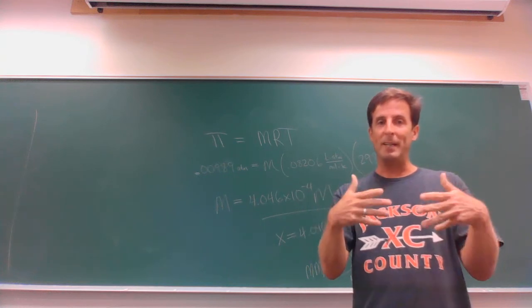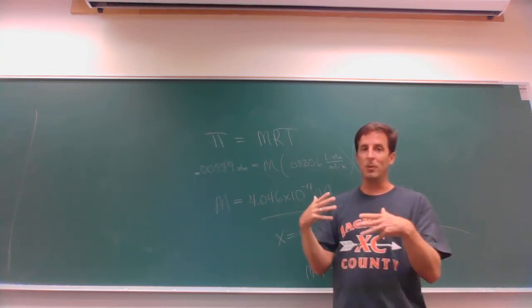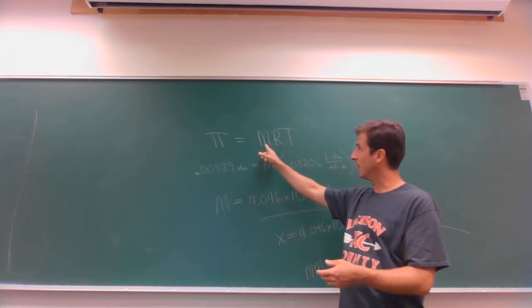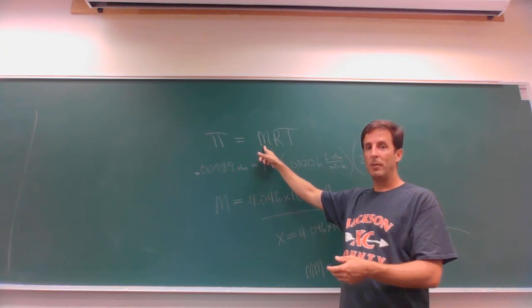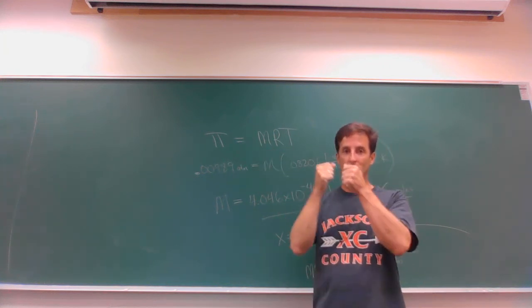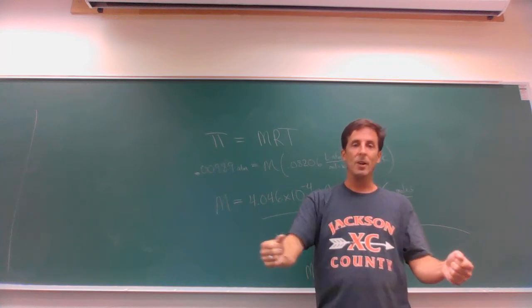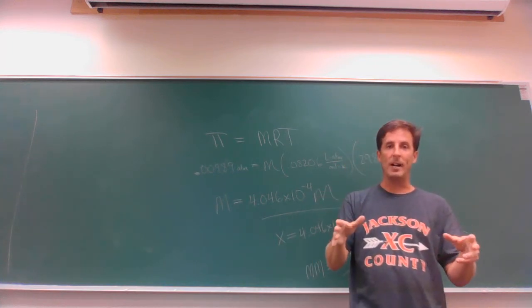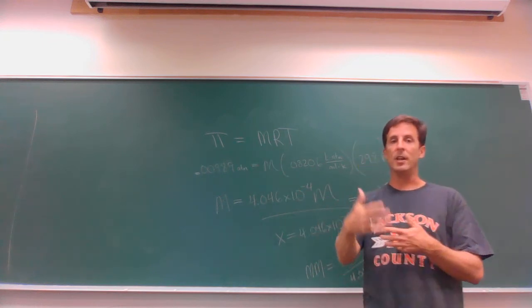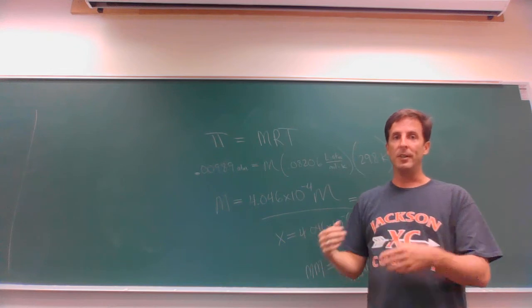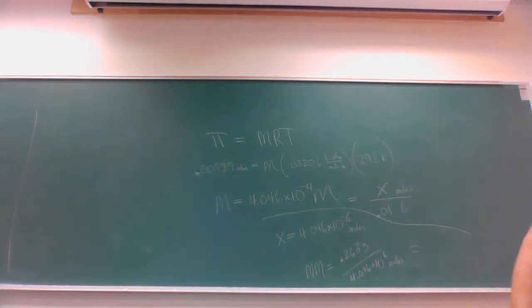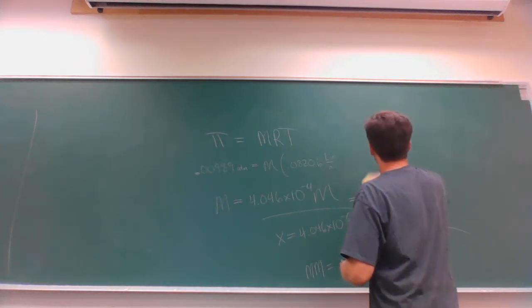From one NaCl, I'm going to get two particles floating around. That's key because if I give you the molarity of sodium chloride and you plug it in for your M value, it's not going to match up with the data that you see, because when the sodium chloride splits, we're going to have twice as many particles floating around as what the molarity would have indicated. So we're going to introduce another term into the equation called the Van Hoff factor.